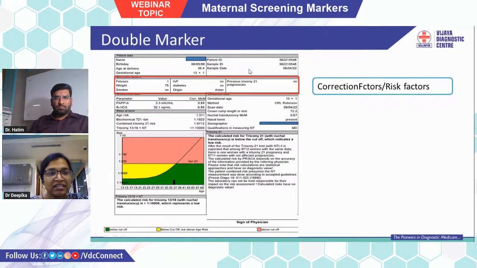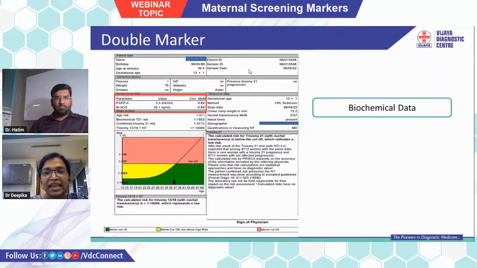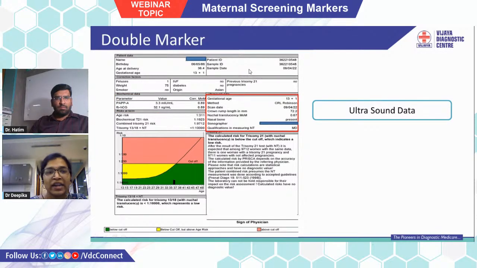Next, we have the risk factors like the number of fetuses, weight, diabetes, IVF, or any previous trisomy. And the biochemical data, since it is a double marker, we have PAPP-A as well as free beta HCG. And this is the ultrasound data.